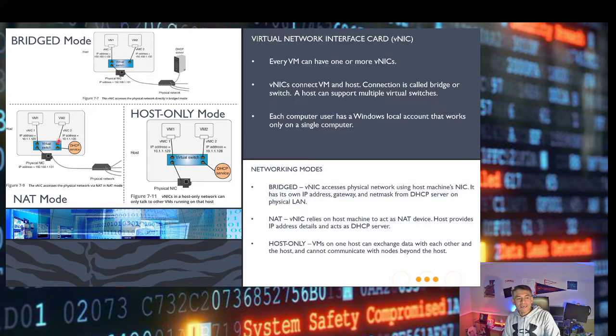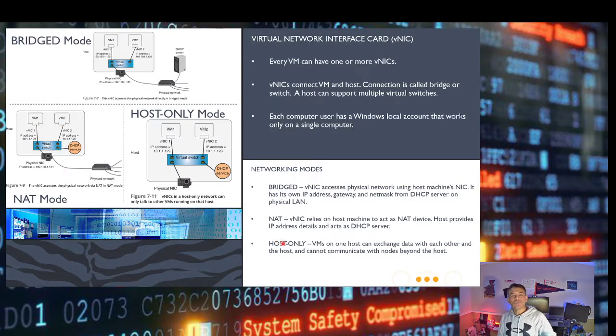However, the IP address that is assigned to each of these virtual NICs on these two VMs is coming from the DHCP service that is running on the host. So the DHCP on the host is the one that is giving the IP address to the VNICs on the virtual machines.